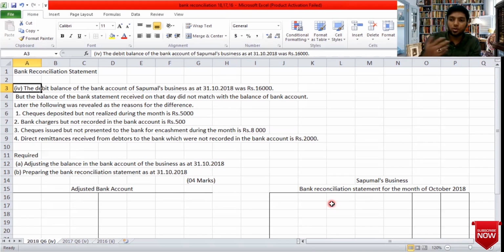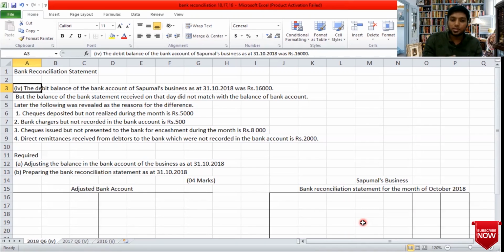Unrealized is something which you have received, but the bank has not received. So when you do the bank reconciliation statement, you are paying something but the bank has not paid, so you need to add it back in the bank reconciliation statement. The reason is that finally your bank account and your bank statement should be equal. That's the reason we prepare the bank reconciliation statement.